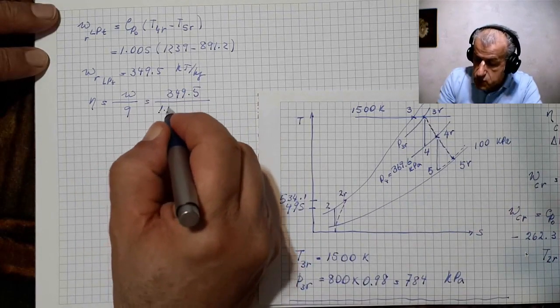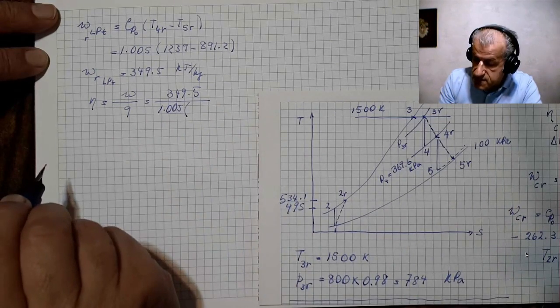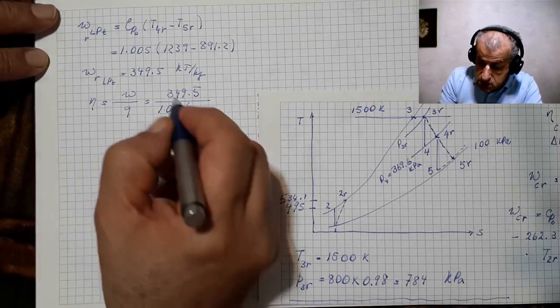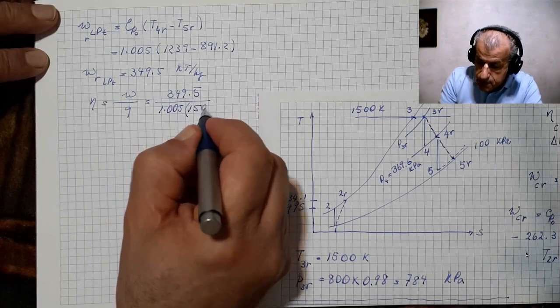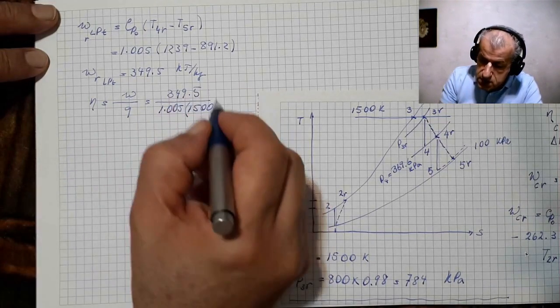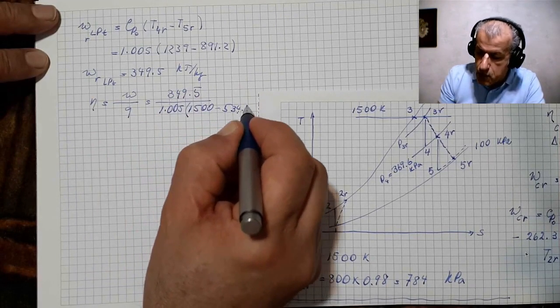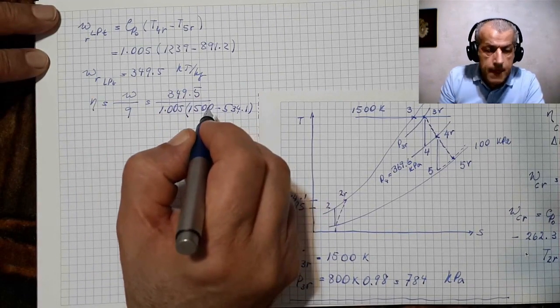CP0 is 1.005, and the temperature difference is T3R, which is 1500, minus T2R, which is 534.1.